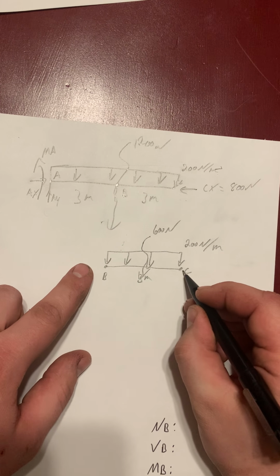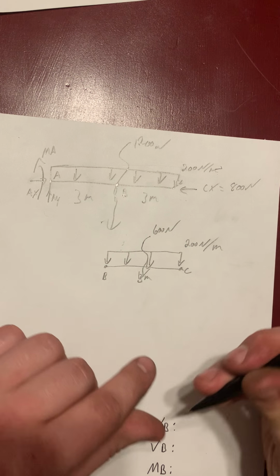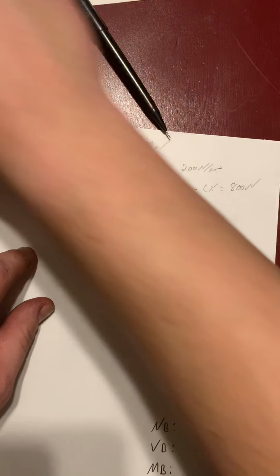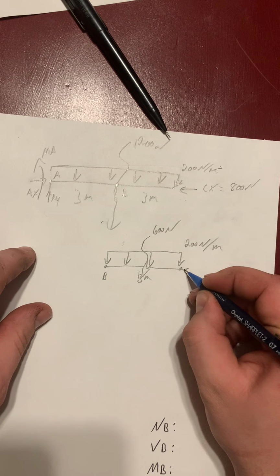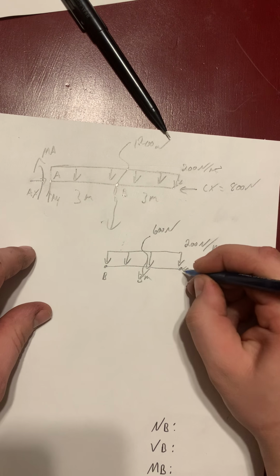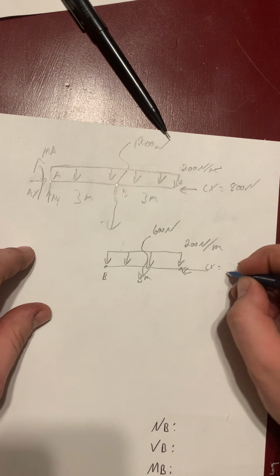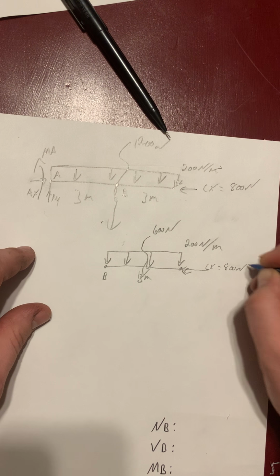But over here at C, we have to give our known information. And what is our known information at point C? Well, all we have is this CX, which is equal to 800 newtons.